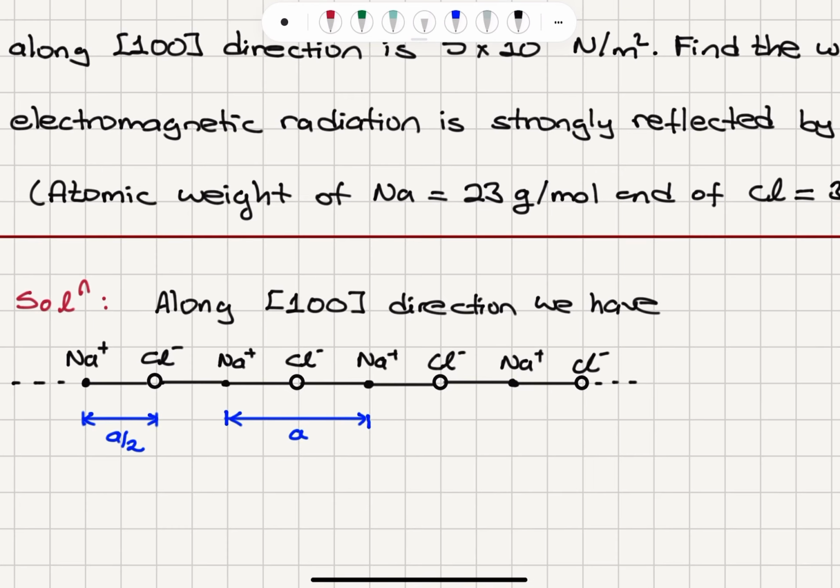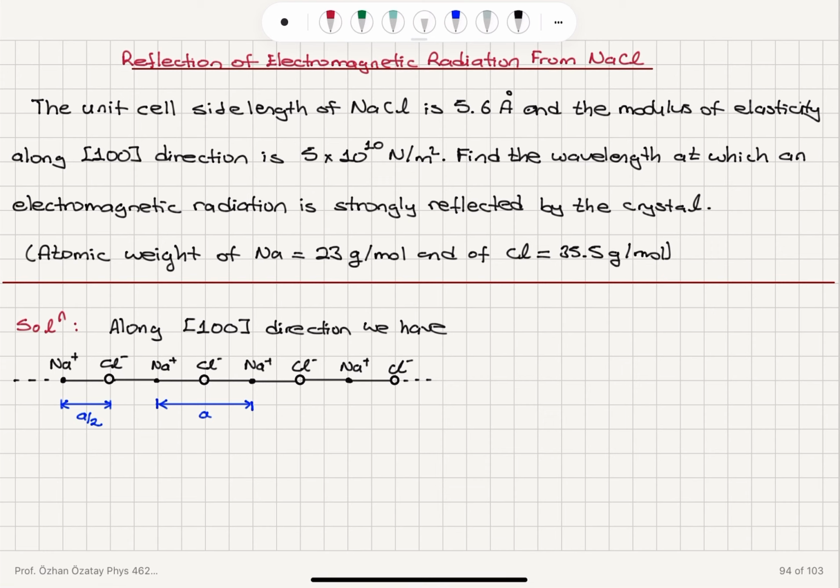The sodium and chlorine ions are separated by a distance a over 2. And so sodium chloride forms the basis of the crystal. So the lattice constant a is in between two consecutive sodium ions. So basically we can consider this as a one-dimensional lattice with diatomic basis.